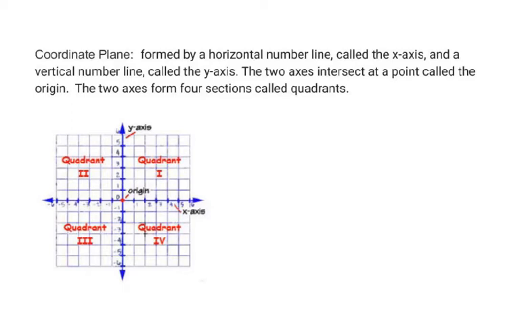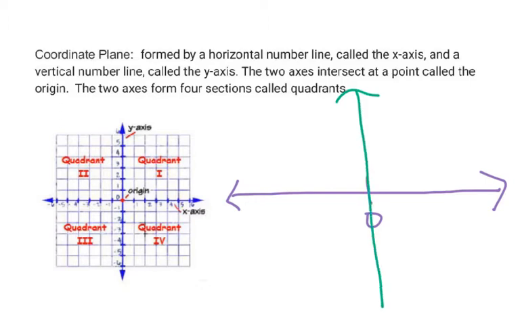So the coordinate plane you see here not only had a number line that went this direction, but he added in a number line going this direction. And where those two number lines cross has a name. This is the horizontal number line.